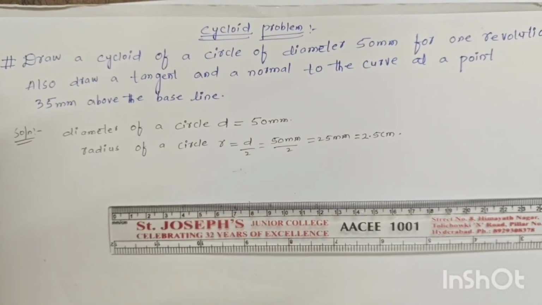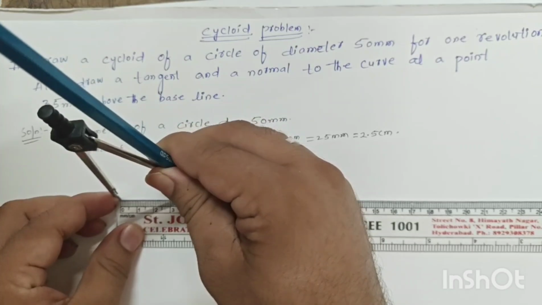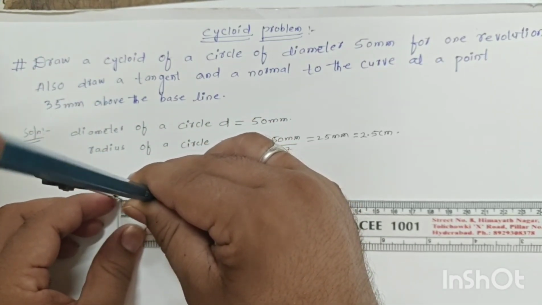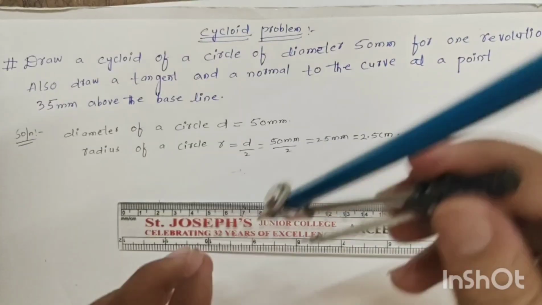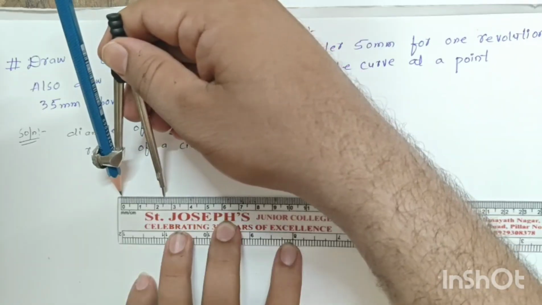From this scale, you need to measure a length from 0 to 2.5. How much we have to measure a length? 2.5 centimeter. It's visible for you.